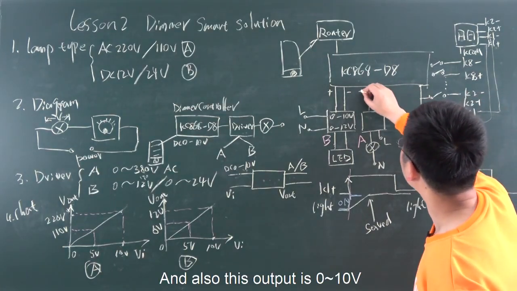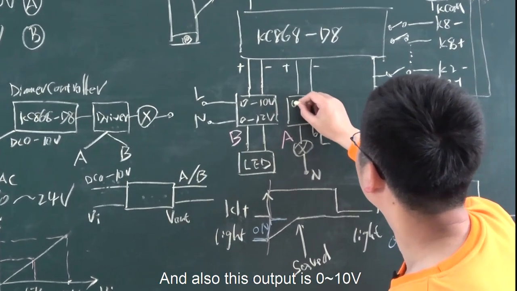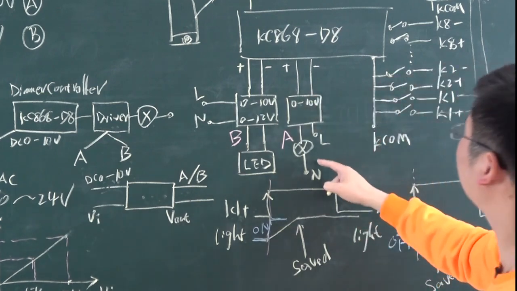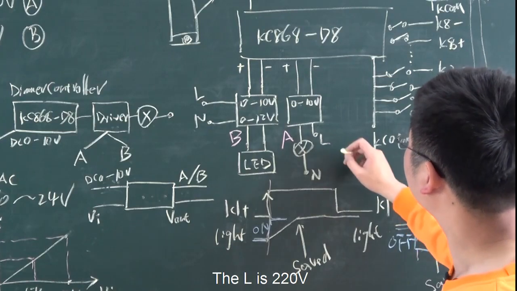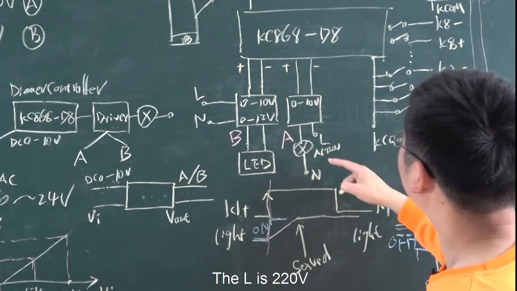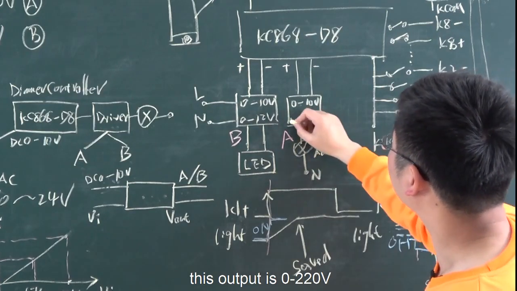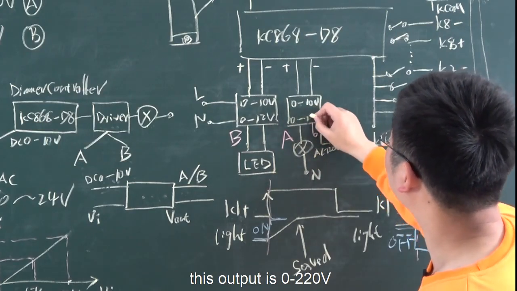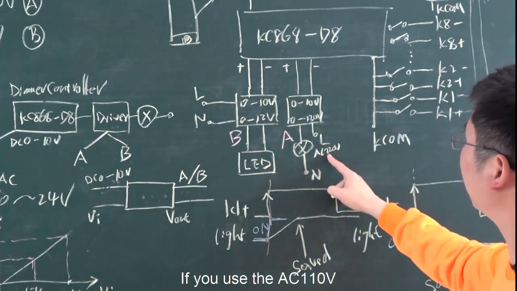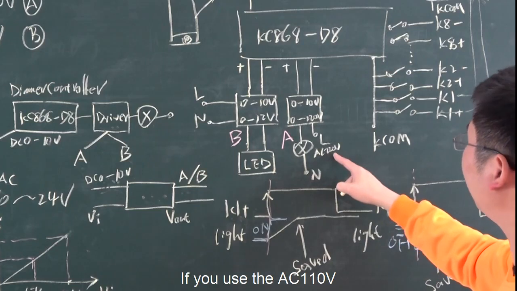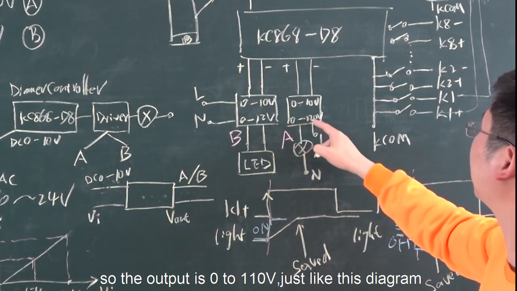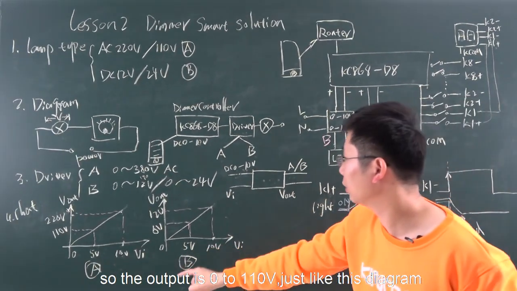And this output is 0 to 10 volts. And this time, if the L is 220, the output is 0 to 220 volts. If you use 110 volts AC, the output is 0 to 110 volts, just like this diagram.